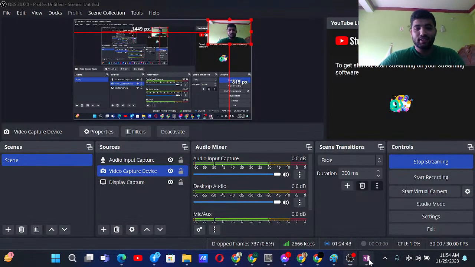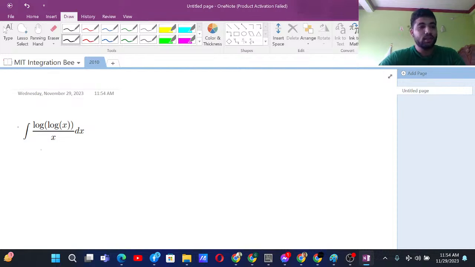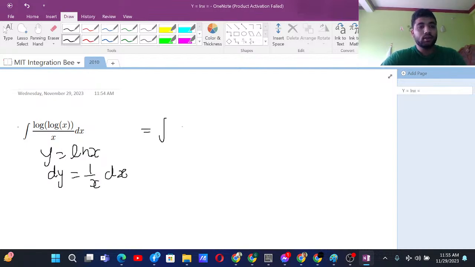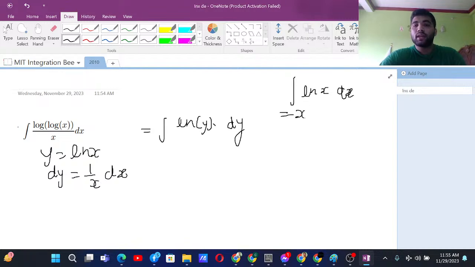We can just substitute y as ln x. So if y is ln x, we have dy equals 1/x dx. So we have the integral of ln y dy, since dx/x is just dy. Now it's the standard integral of ln x dx, which we all know is x ln x minus x.